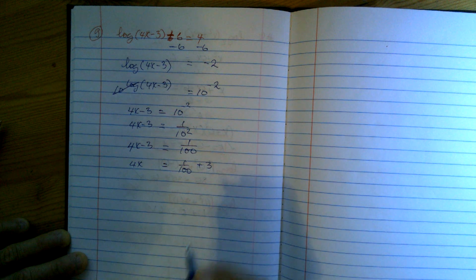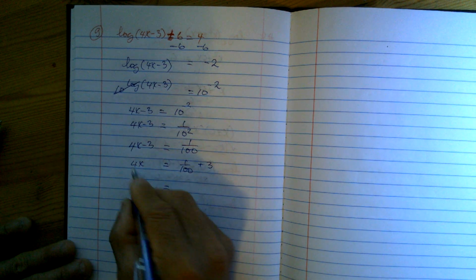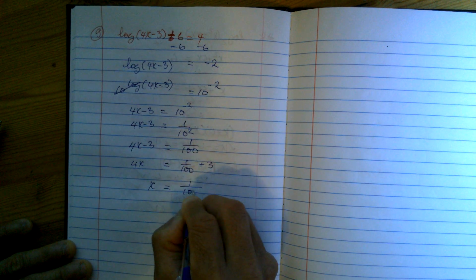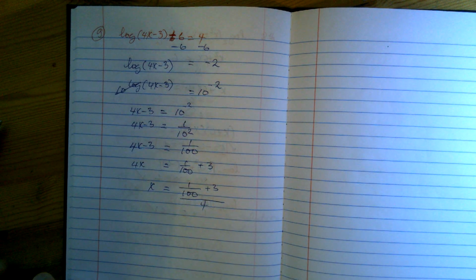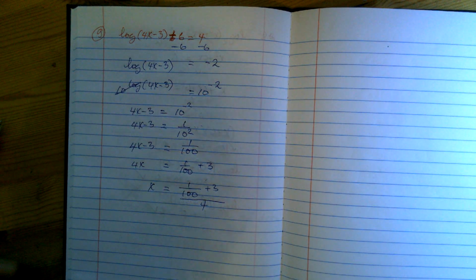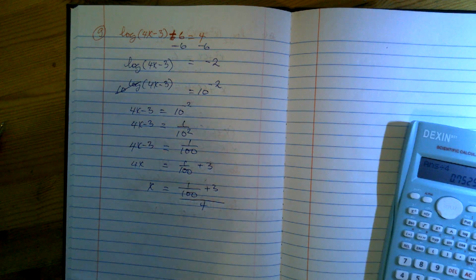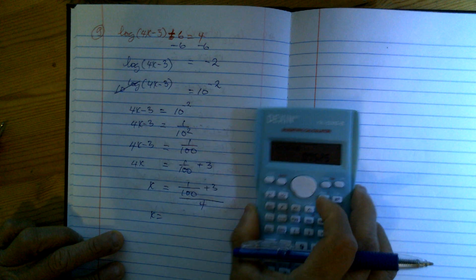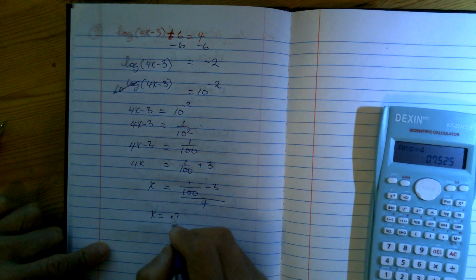And then the next step is we're going to divide by 4. Next, we're going to use the calculator and figure out the answer. Alright, when we punch in the calculator, we end up with 0.7525.